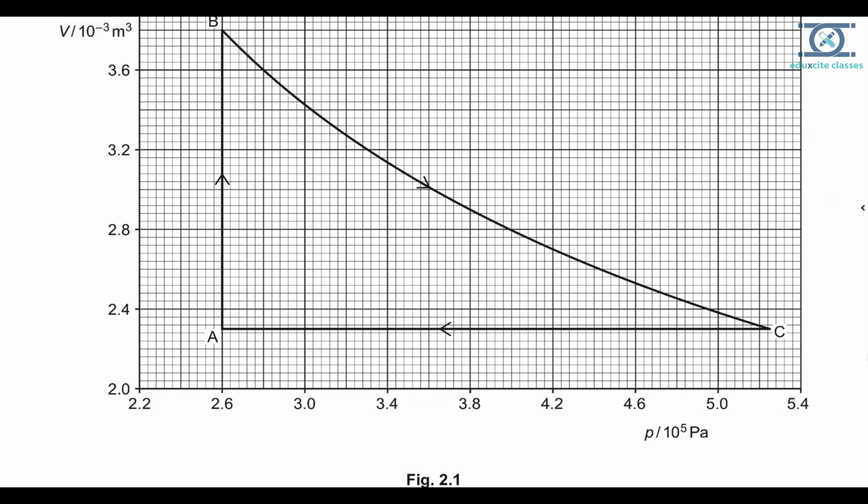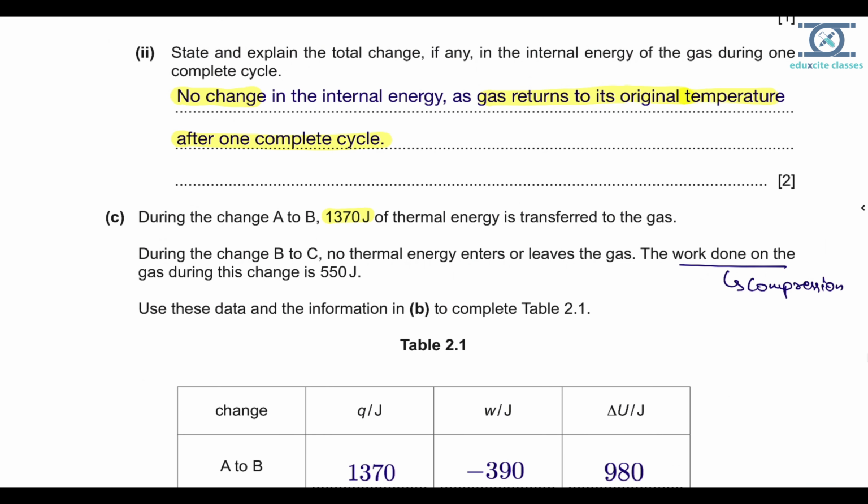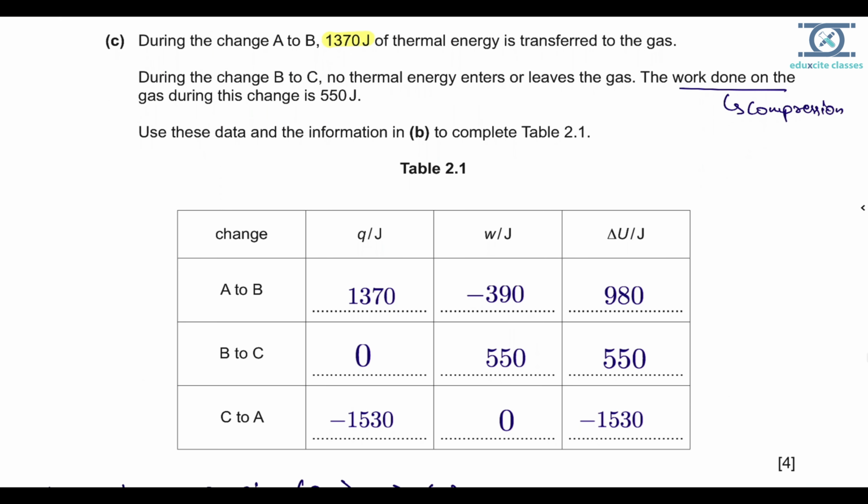Now how do we calculate this Q and delta U? For calculating Q and delta U, we have seen in the second part that the total change is 0. So if the total change is 0, then delta U for A to B and from B to C will add up, and this comes out to be 1530.